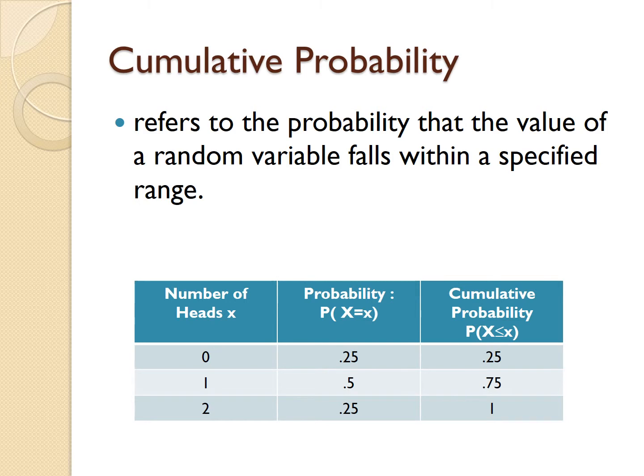And the cumulative probability of x less than or equal to 2 would be the sum of the probabilities of x equal to 0, 1, and 2, which is equal to 1.